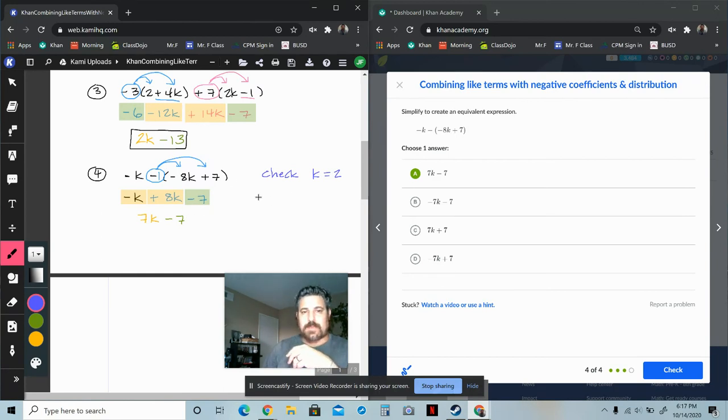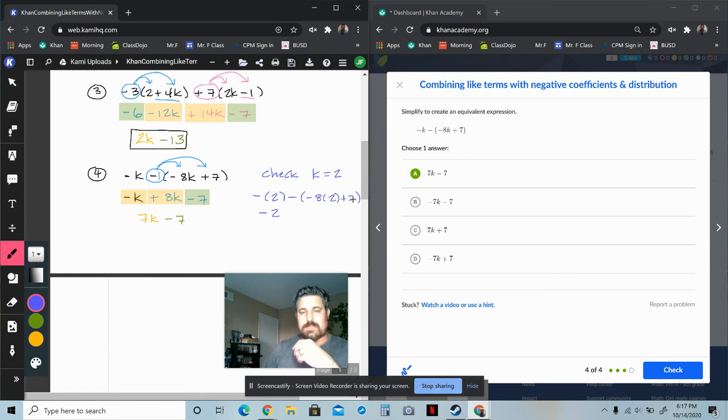Let's find out. So that would be negative the quantity of 2 minus the quantity of negative 8 times 2, and then plus 7. So I'm going to write that all out, close parentheses. Well, what's that really worth? We can see that it's going to be negative 2, and then inside the parentheses, negative 8 times 2 is negative 16, and negative 16 plus 7 is going to be what?